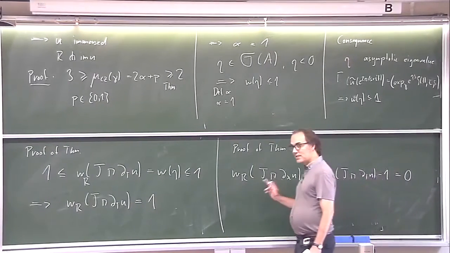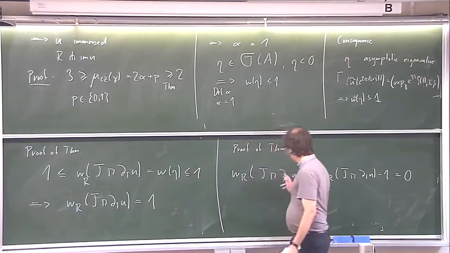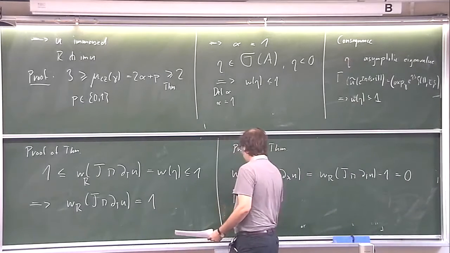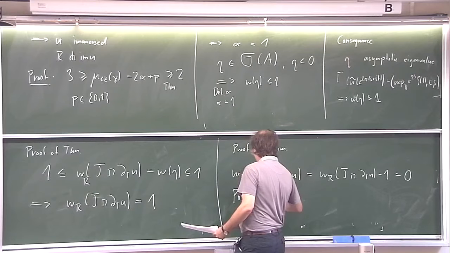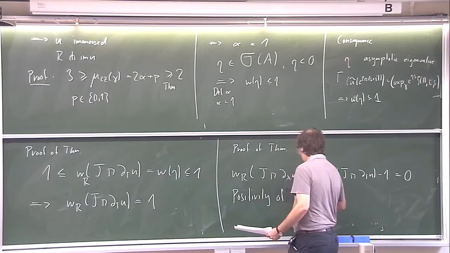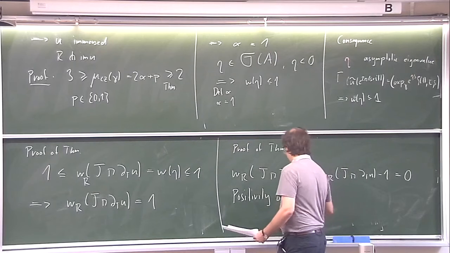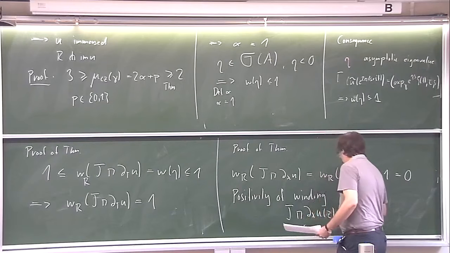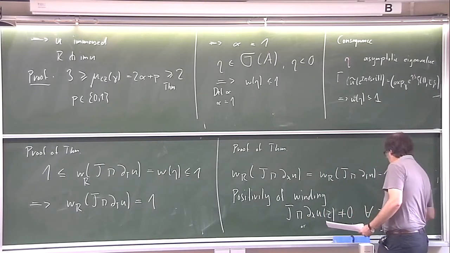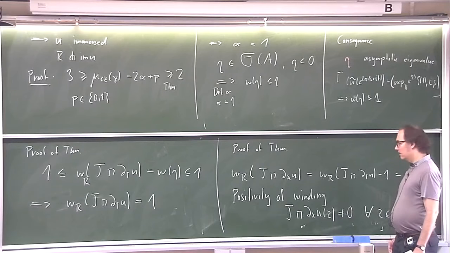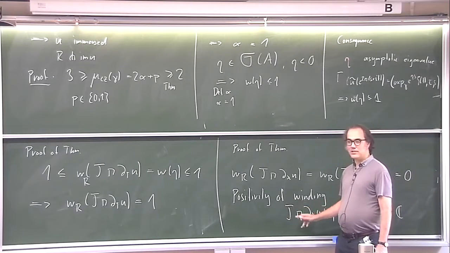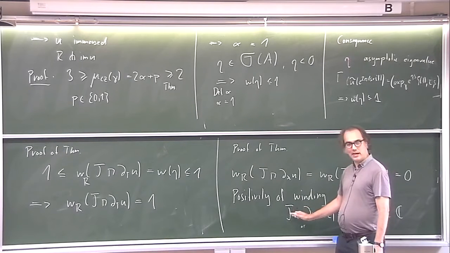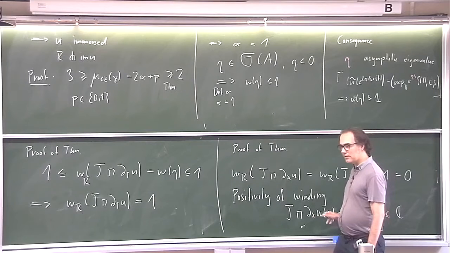But by positivity of winding, this means it has no zeros. So by positivity of winding, we have tau pi dxu(z) is different from 0 for all z in C. But tau here was just a trivialization, just a linear bijection, so we can forget about tau. So actually pi dxu is always different from 0.